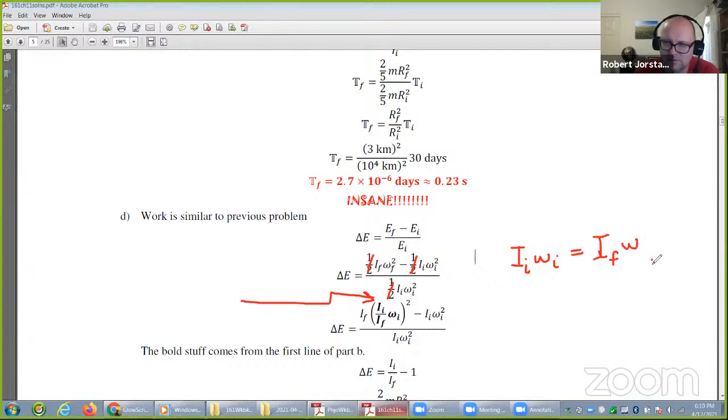If that is true, I could rearrange this and say, isn't omega final just I initial over I final times omega initial. Again, this all comes from angular momentum being conserved. L initial equals L final as long as there's no external torque.